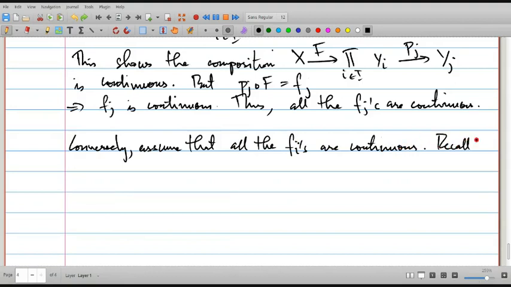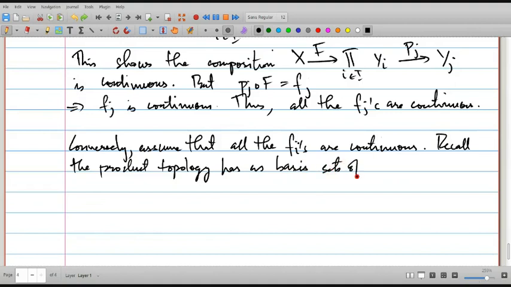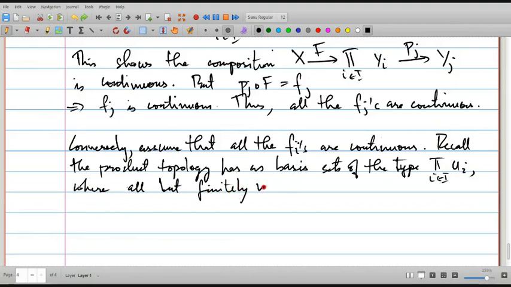So recall the product topology has as basis sets of the type product of U_i over i in I, where all but finitely many U_j are equal to Y_j.